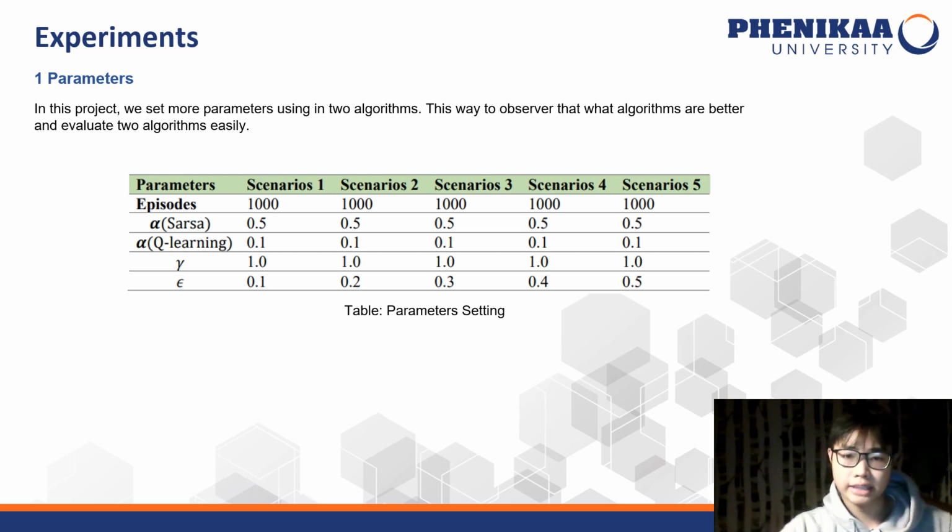We test both, but for epsilon, in scenario 1 we test 0.1, and next 0.2, scenario 3 with 0.3, scenario 4 is 0.4, and scenario 5 with 0.5.